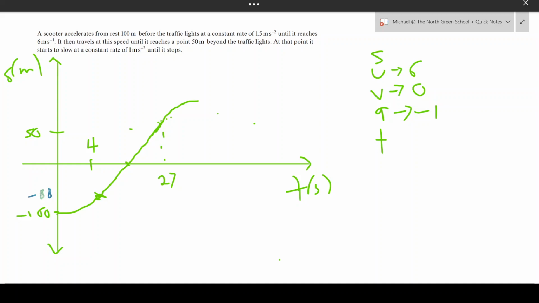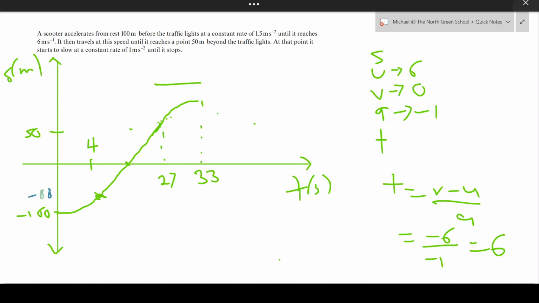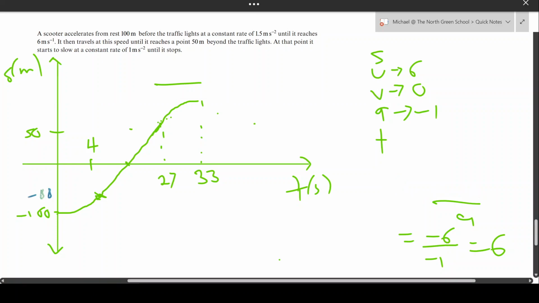Then we need to figure out the displacement and the time. Time is the easier one: v minus u over a, or 0 minus 6, which is -6, over -1, which is 6 seconds. So it takes 6 seconds to slow down. We need 27 plus 6, which is 33. Time is 33.